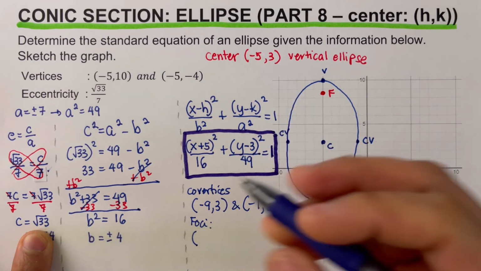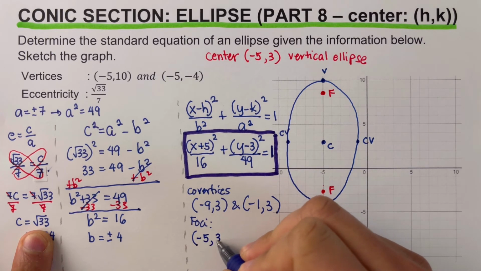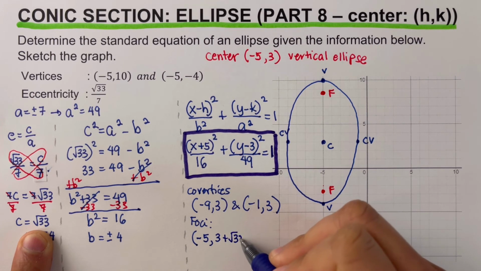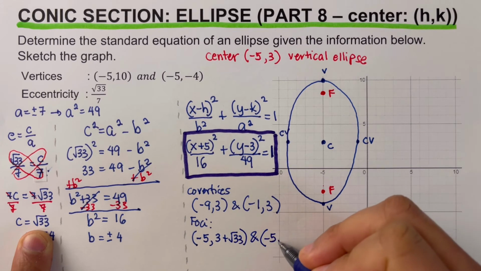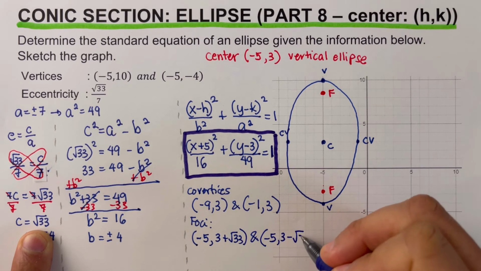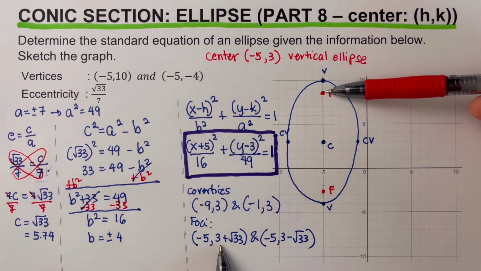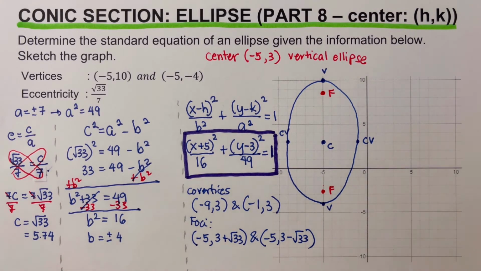So this comes out -5. And then that's going to be 3. So I just copied everything, but I'm going to add the c here. So that's plus square root of 33. And then the other coordinate here is -5, 3 minus square root of 33. So this is the coordinate of the first focus, and this is the coordinate of the other focus. Now let's move on to the next example.